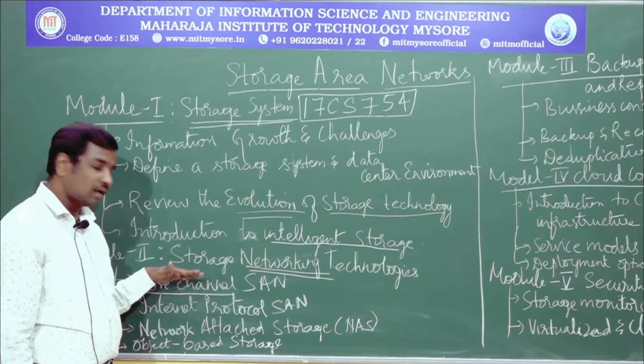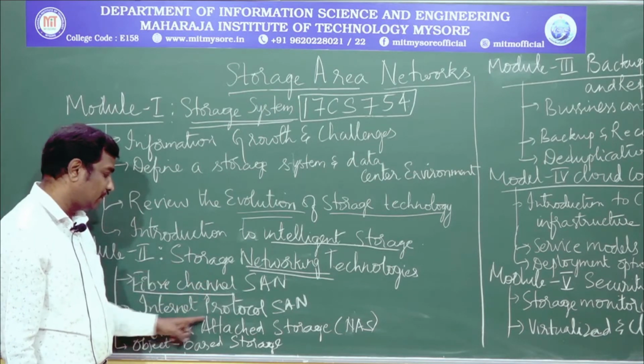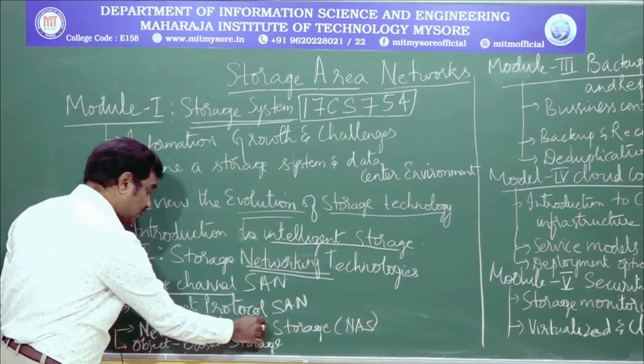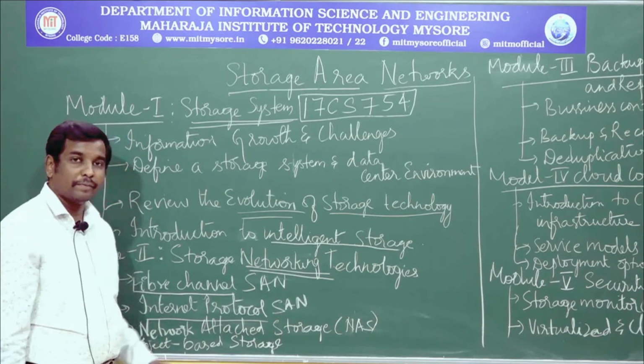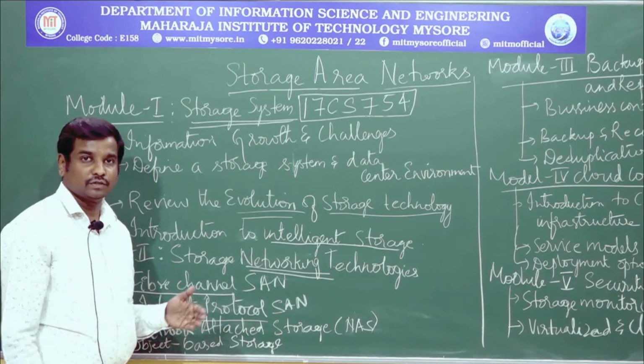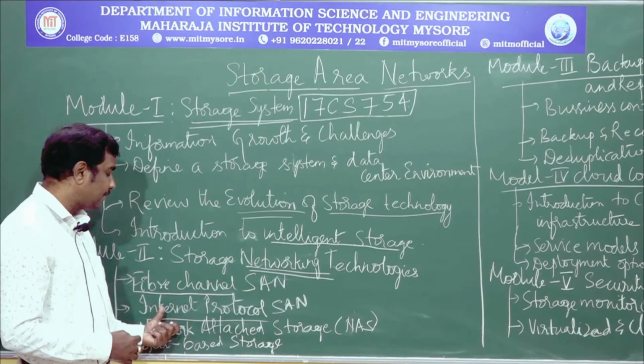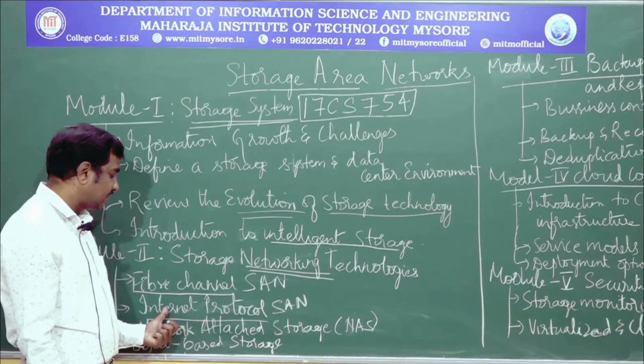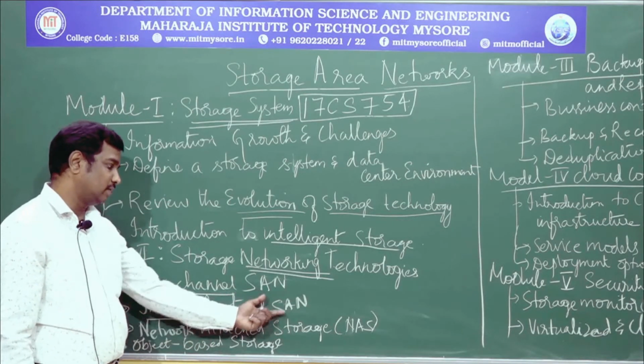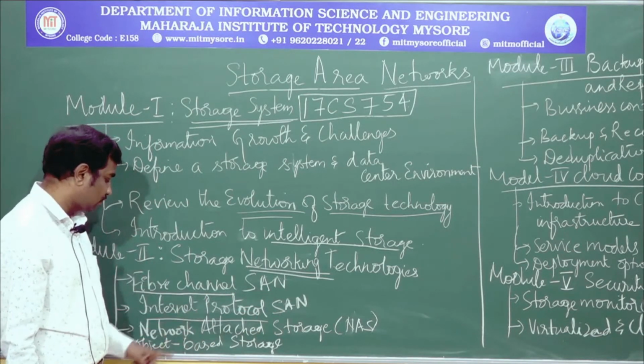Not only the hardware part, we also use certain rules for communicating our information to the end users by using the hardware components, by using IP protocols, that means internet protocol, and the storage area network. This is the software part.